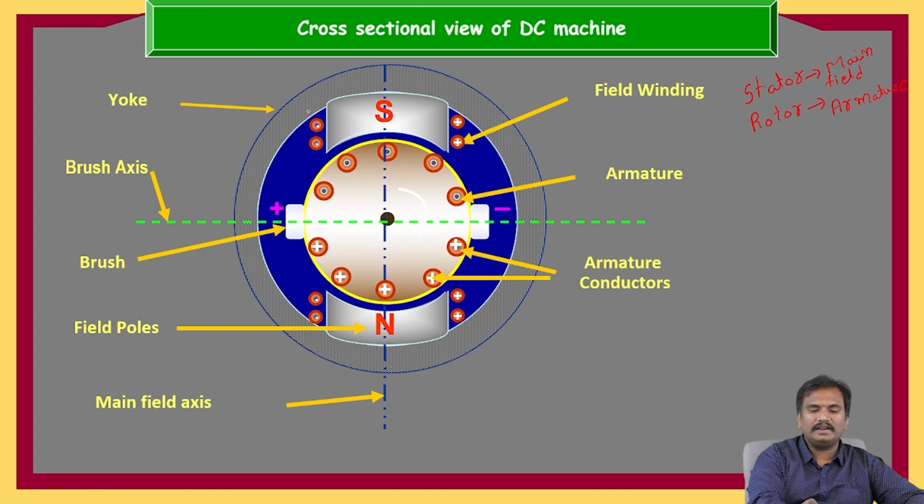And the next part on the stator is the yoke, field poles and field winding. Field poles are going to produce the magnetic flux, and these field poles are going to provide the flux inside the machine.